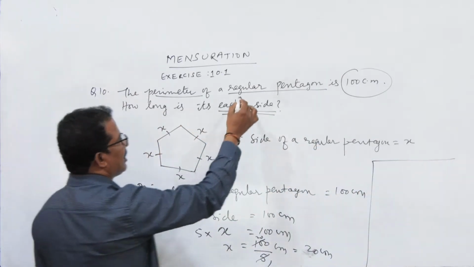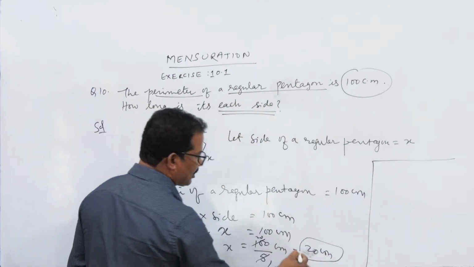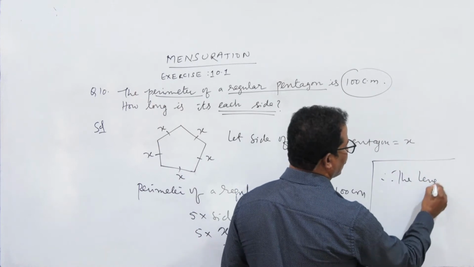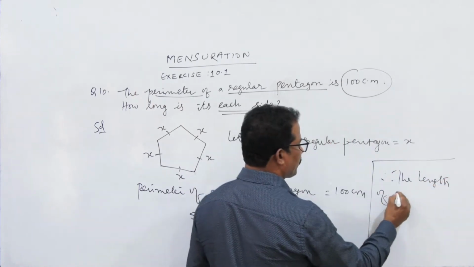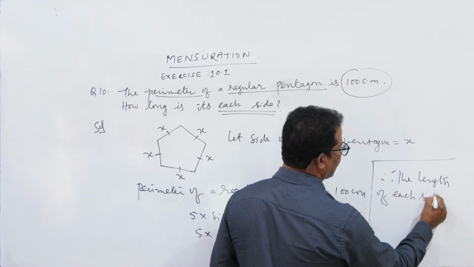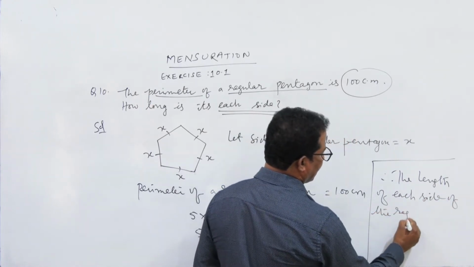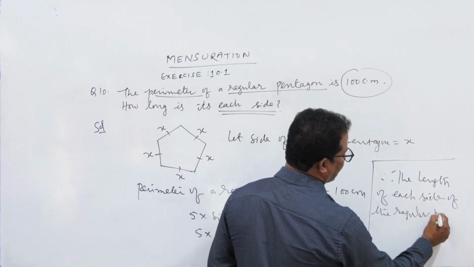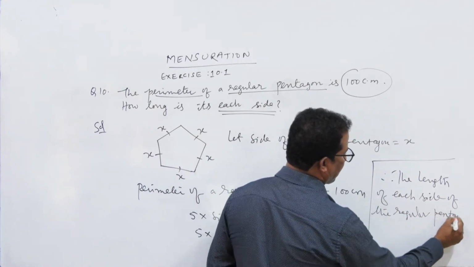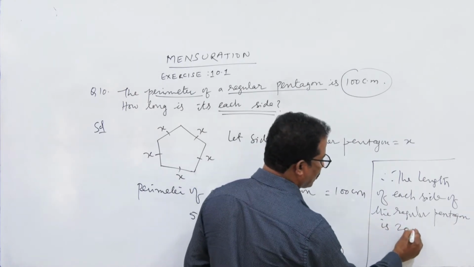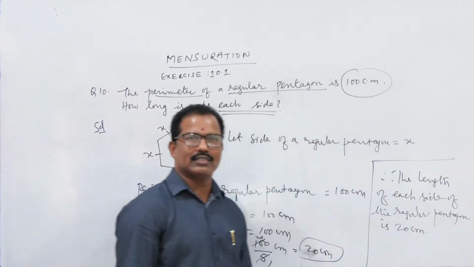So each side of this regular pentagon is 20 centimeter. Therefore, the length of each side of the regular pentagon is 20 centimeter. Understand all of you?